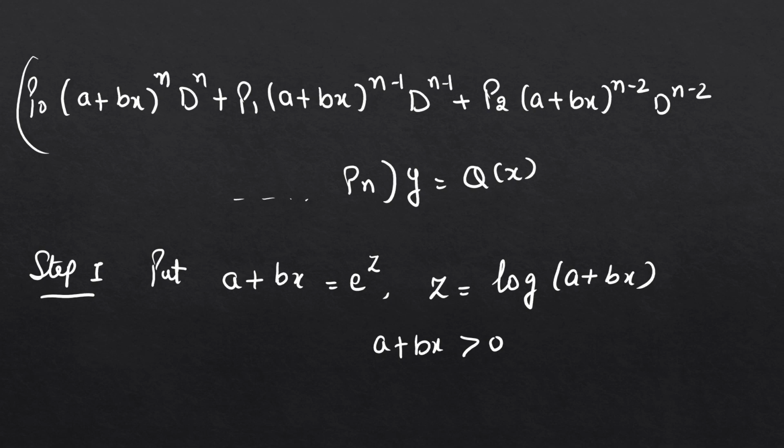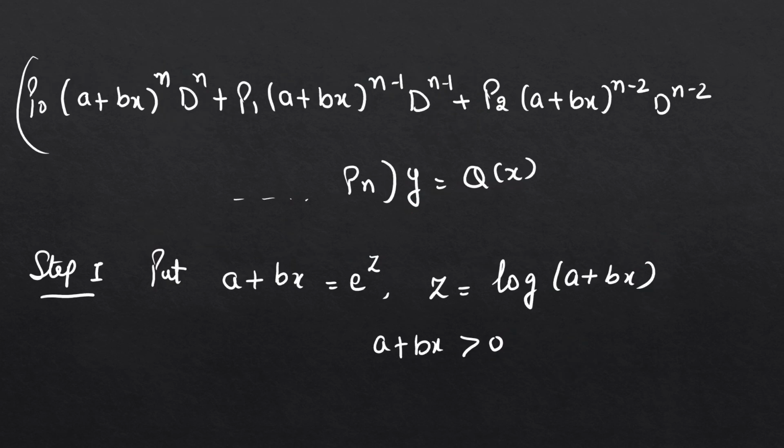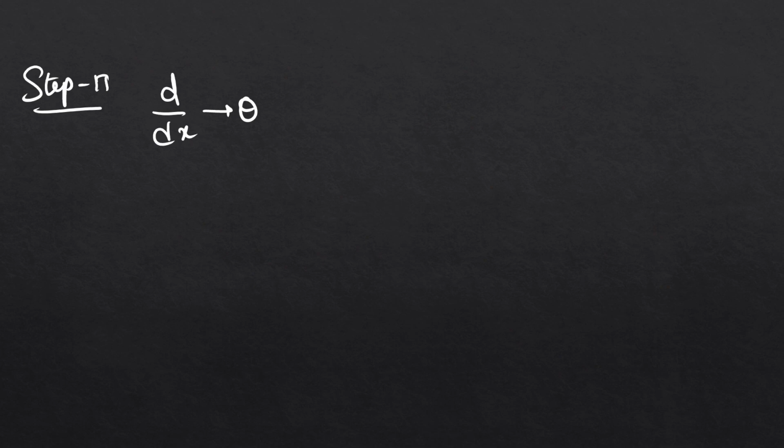After this, what we will do in step 2? Remember in step 2 we will replace d by dx, that would be theta. As we know that we will take d by dx as the D, but after this substitution we will replace d by dz, that is theta.